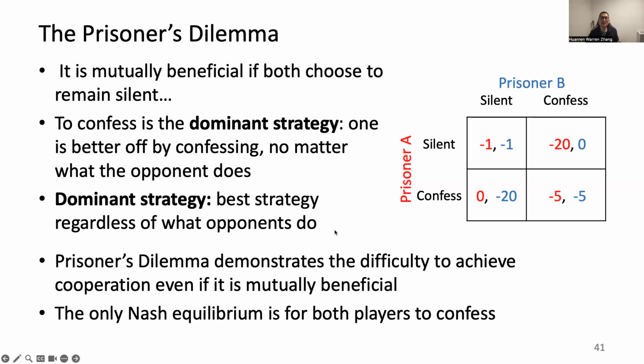The prisoner's dilemma demonstrates the difficulty of achieving cooperation, this cooperative outcome, even if it's mutually beneficial, because self-interested players, when they consider their personal gains, will decide not to cooperate. They will defect. They will confess in this case. So here, the only Nash equilibrium for this prisoner's dilemma is for both players to confess.